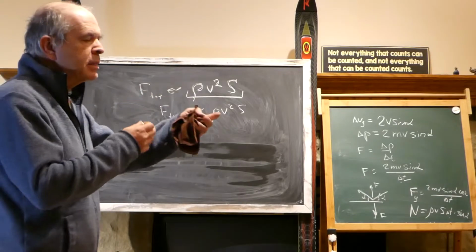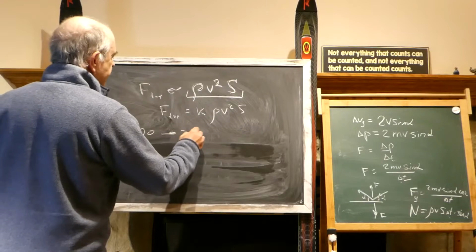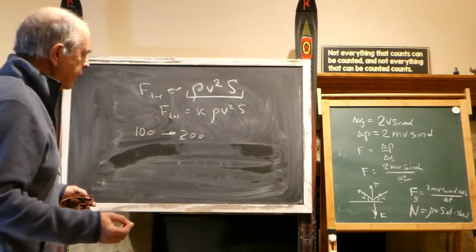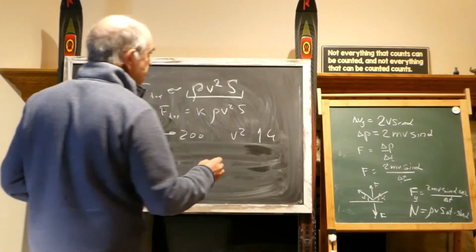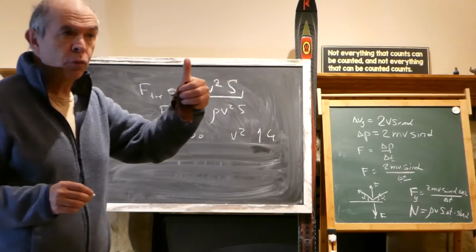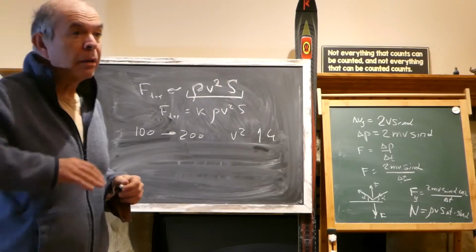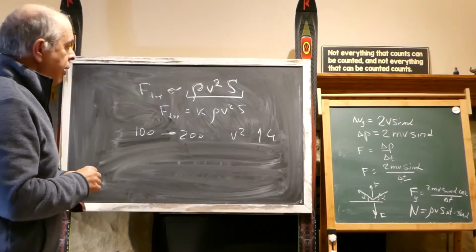But when our speed grows, let's say from 100 kilometers to 200, what will happen? This v squared would be 4 times, and so the force that would be lifting us up would be 4 times more than mg. We will be accelerating up. It's not what we want. We want to fly steady.